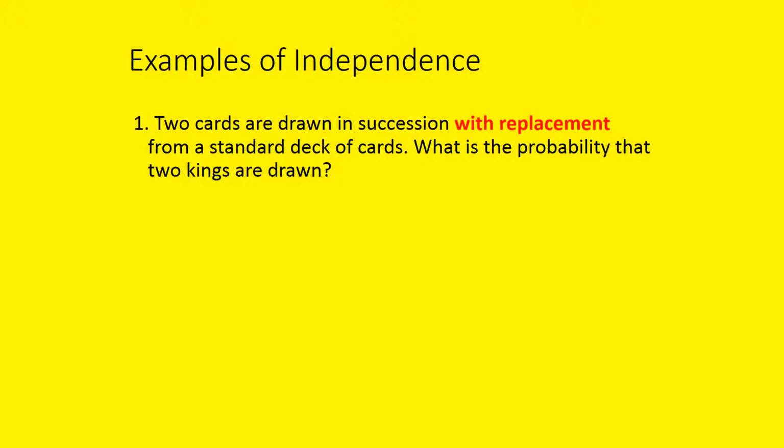Two cards are drawn in succession with replacement from a standard deck of cards. What is the probability that two kings are drawn? Probability king on the first draw and king on the second draw. Well, the events are independent because of the "with replacement."